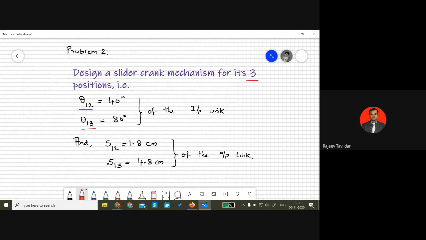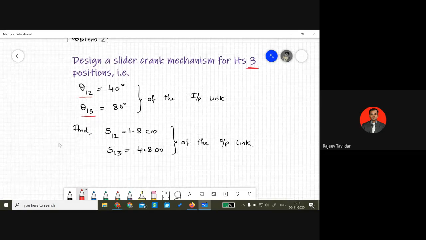With respect to the output link, which is a slider, what they have given is the slider distance between the first position and second position is 1.8 centimeters. Similarly, the distance of the slider between the first position and third position is 4.8 centimeters. So this is the only data that they have given. Based on this, we need to do the construction.